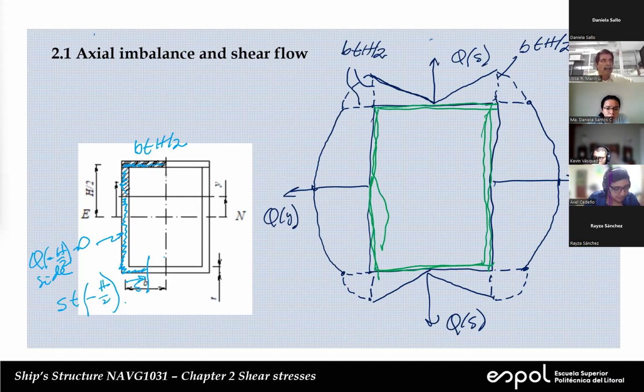Yes, doctor. Okay, so in these cases, we will go further on this topic, but it's better if we consider another integration, okay? Because we know that if we integrate over the whole half section, the integration has to give us 0, okay?